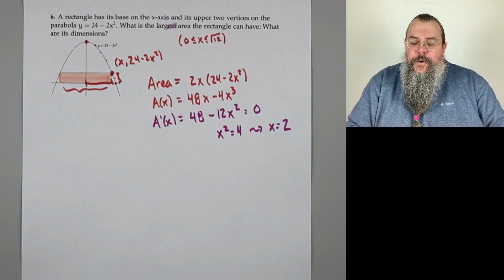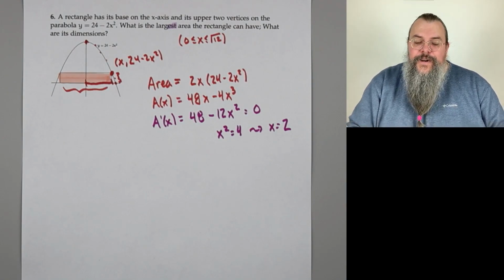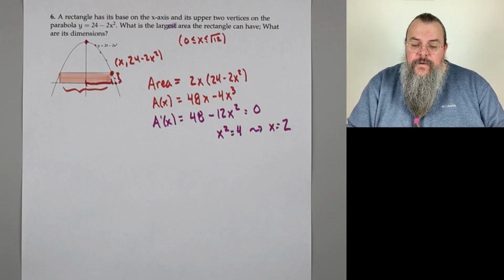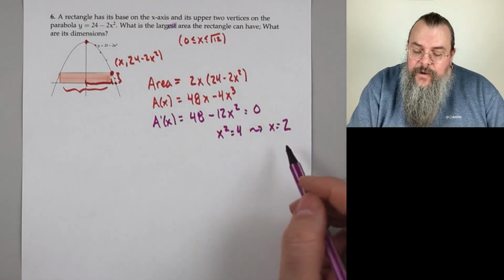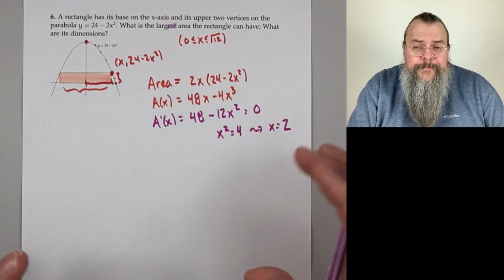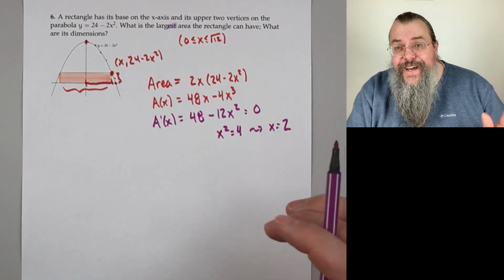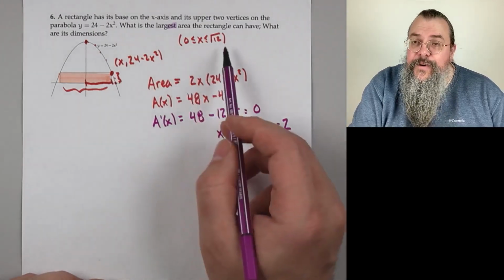All right, now we're basically done. What do we do with this? We do a couple of things. We're after the largest. Now, our claim is that it's 2. You might say, are you sure about that? Let's go ahead and just check. Maybe it's at 0 or square root of 12.